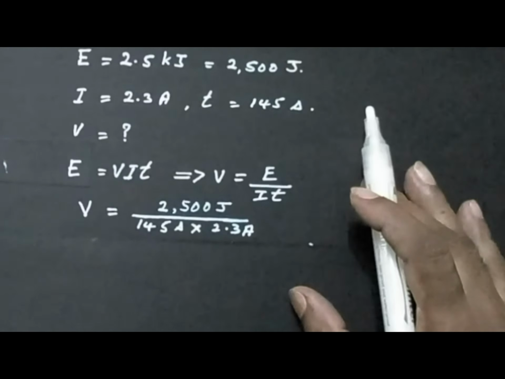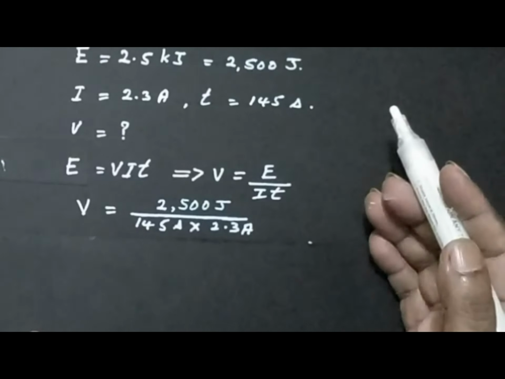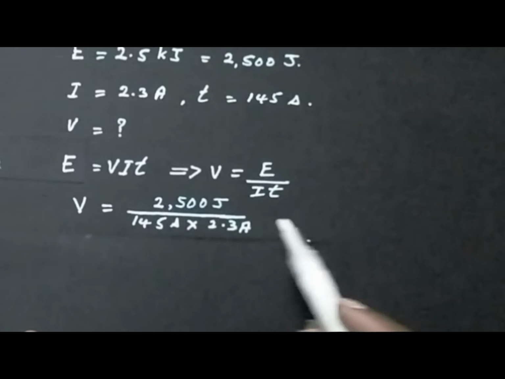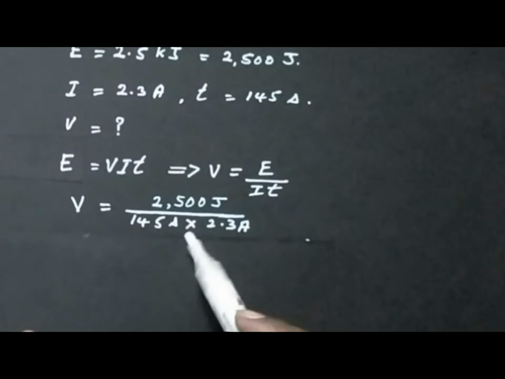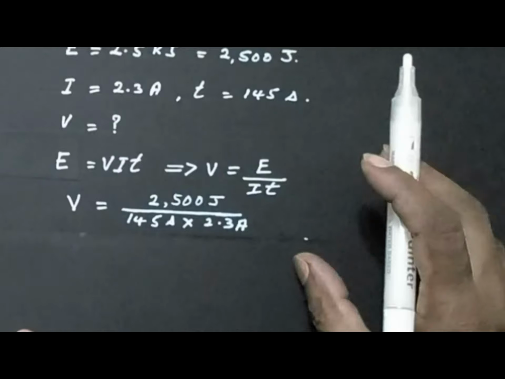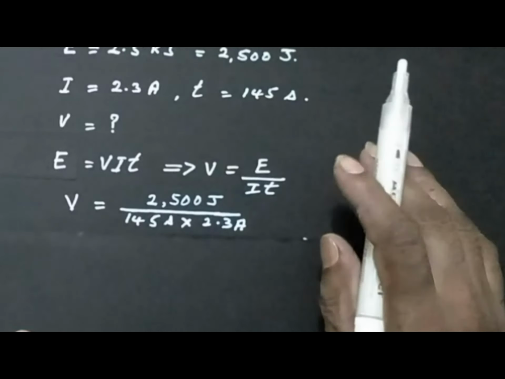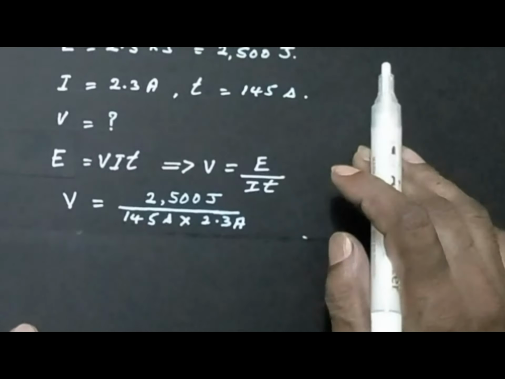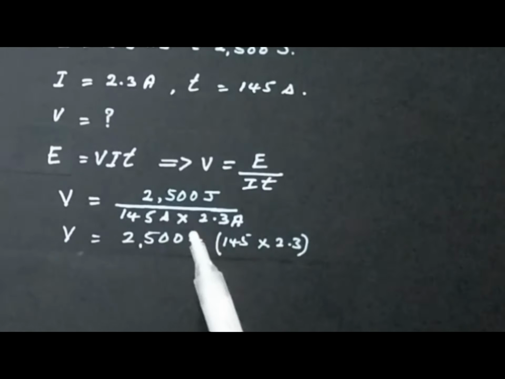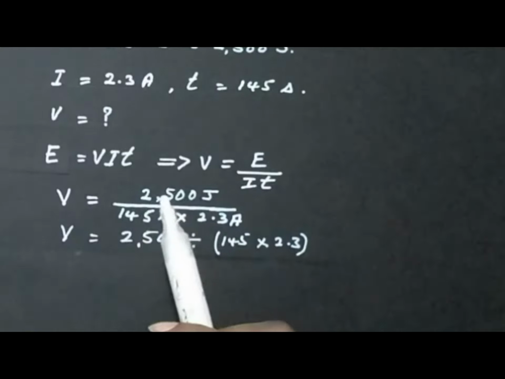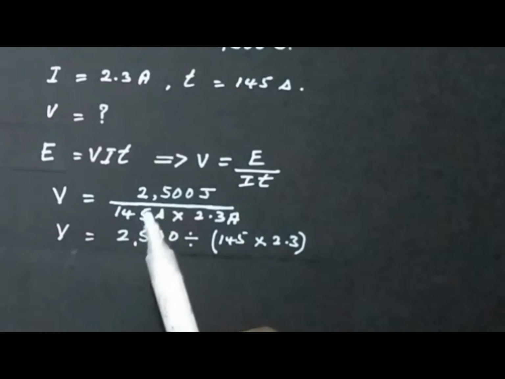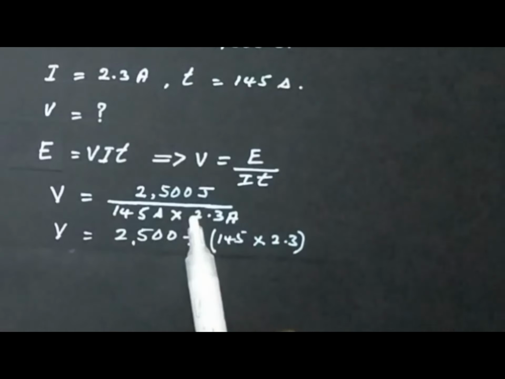When we substitute our numbers, we get V is equal to 2,500 joules divided by 145 seconds multiplied by 2.3 amps. And here is where some students make a common error. You are dividing that number at the top there, the numerator, by the product of these two numbers below.